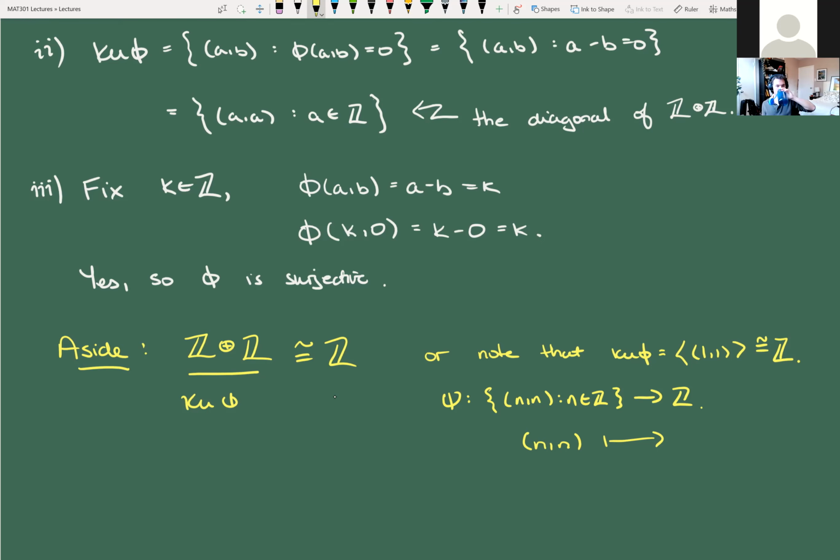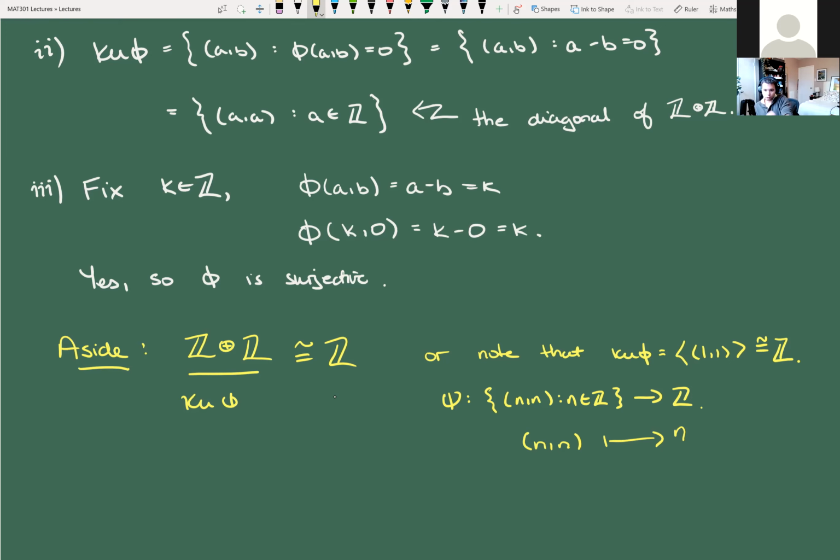Not a trick question. Just map it to n. This map clearly is surjective. It's also clearly injective. In fact, the inverse is very clear: take n in Z and map it to the element of the diagonal (n,n). This map is evidently an isomorphism.